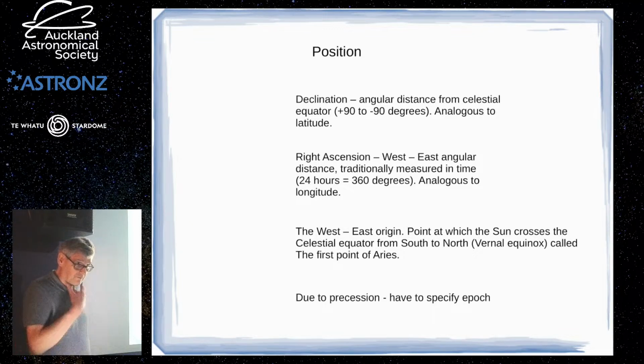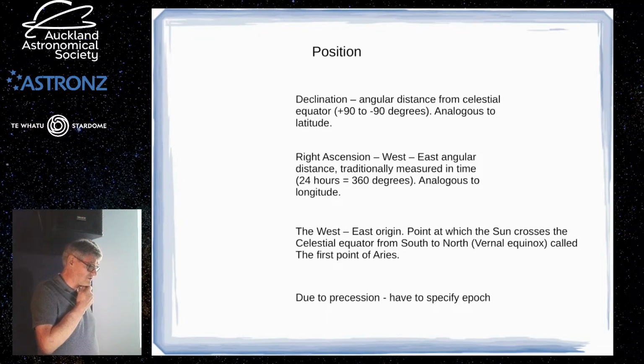Usually what the IAU do is declare a particular base date, and the most recent one I think was J2000, but I think there should be a new one this year, J2025. So they republish all of the right ascension coordinates when they put out new catalogues.